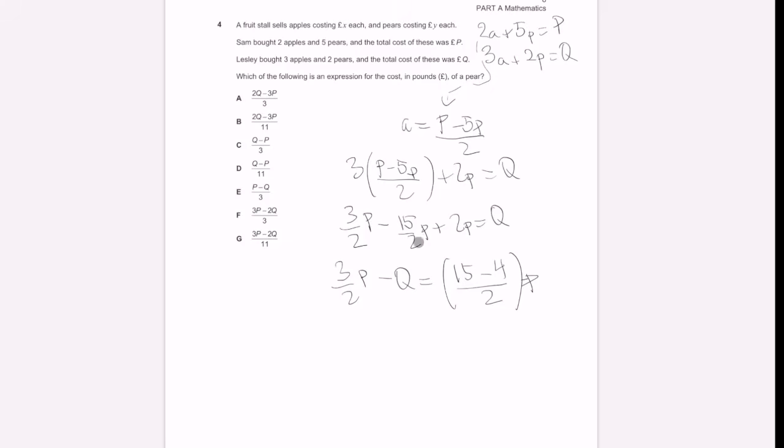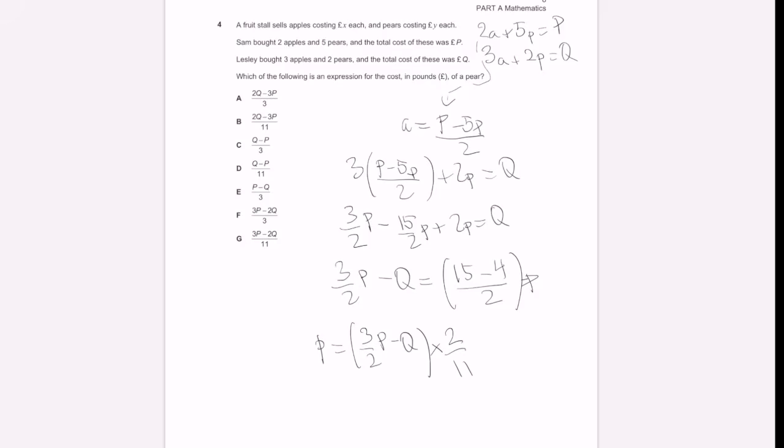But basically what I've done is I've brought this over onto this side, giving me 15 over 2, and then I've taken away the 2p, which is turned into 4p over 2 underneath a common denominator. Okay, I can just rearrange for p now, which is going to be whatever's left on the other side. And then we're going to multiply this by 2 over 11, since 15 minus 4 is just 11.